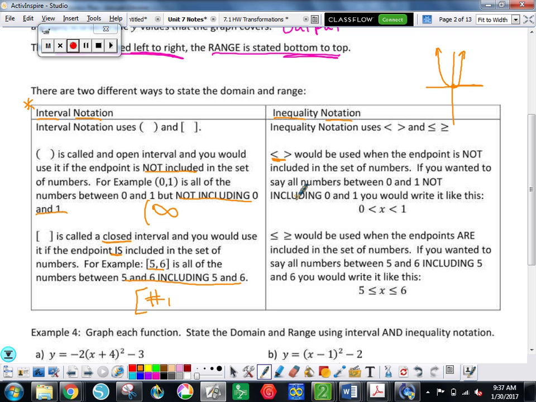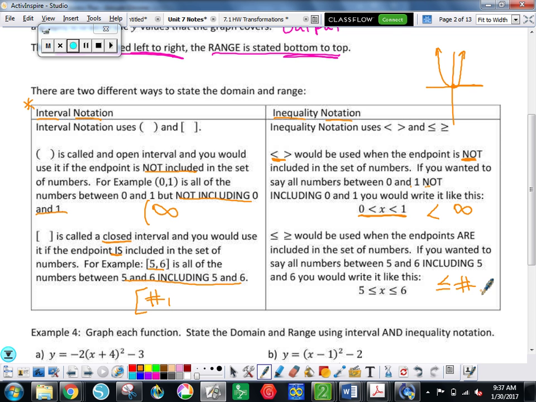The less than and greater than will be used when an endpoint is not included in the set of numbers. If you wanted to say all numbers between 0 and 1, not including 0 and 1, you would write it like this. So really, we'll only use this when we're dealing with infinities. We will use the brackets when we're dealing with numbers with regards to domain and range.